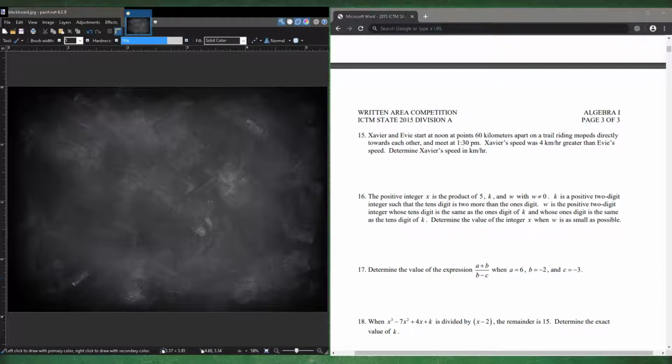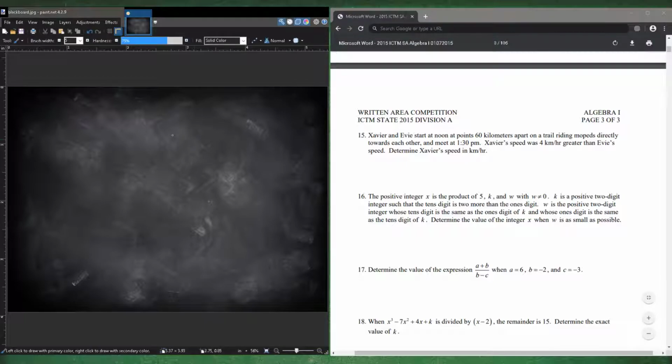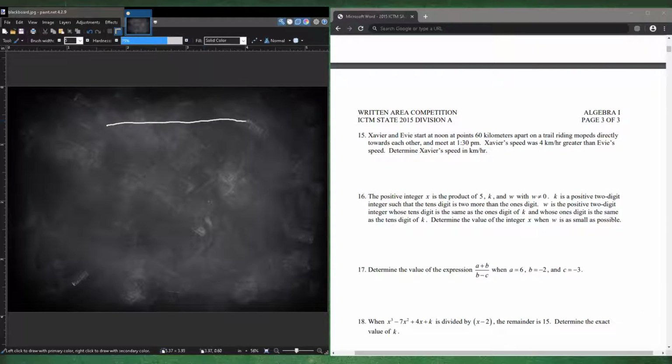Number 15. Xavier and Evie start at noon 60 kilometers apart on a trail, and they drive directly toward each other. So let's say this one's Xavier and this one is Evie.